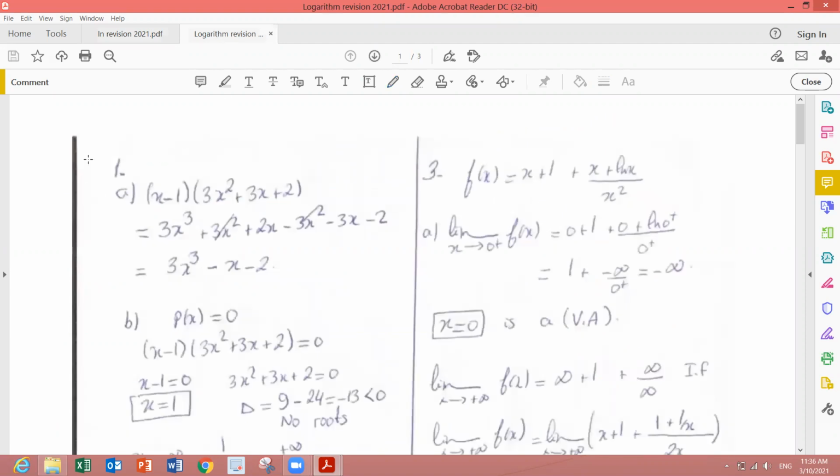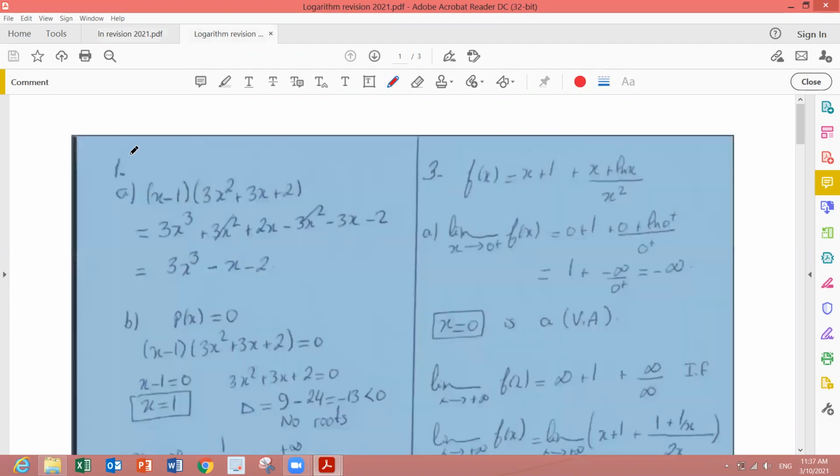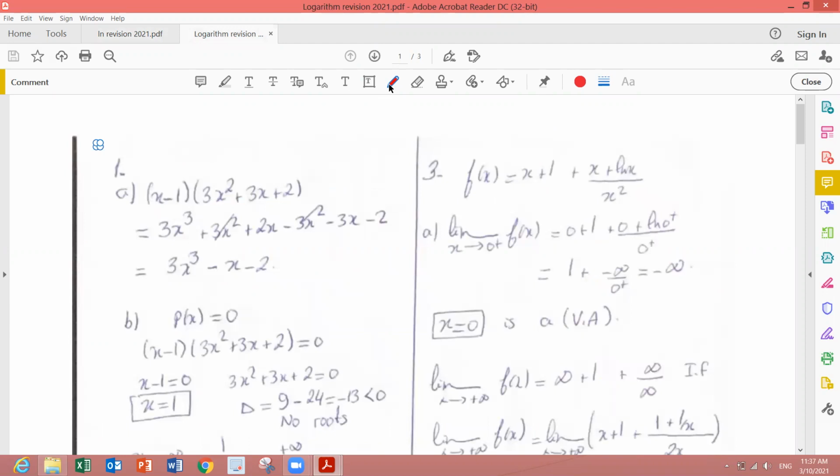So we take this side, (x minus 1)(3x squared plus 3x plus 2). We expand: x times 3x squared is 3x cubed, plus 3x squared, plus 2x, minus 3x squared, minus 3x, and minus 2.